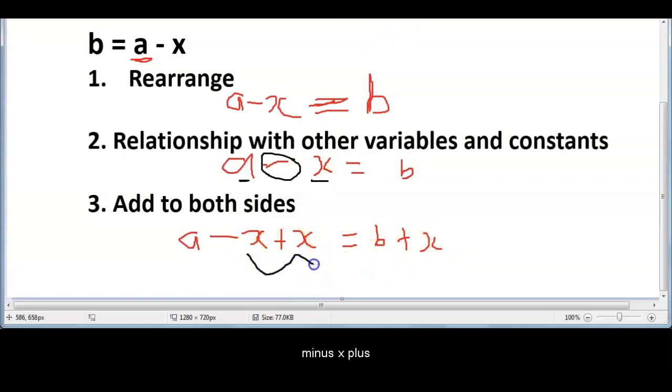Minus X plus X is 0, so this and this cancel out. We are left with only A. That means our final answer is going to be A is equal to B plus X. That's it.